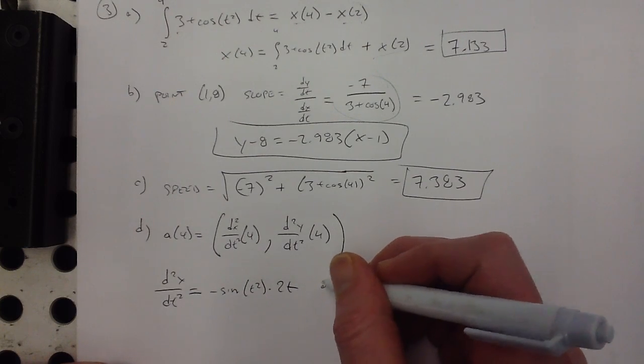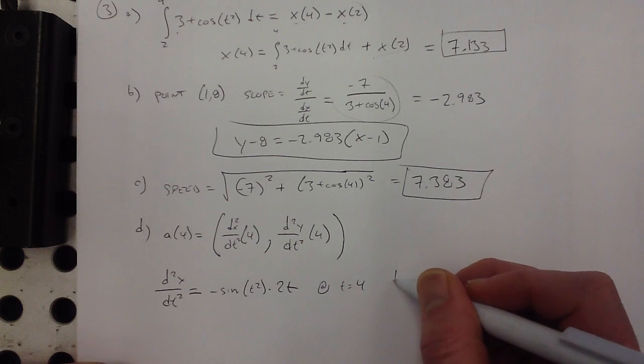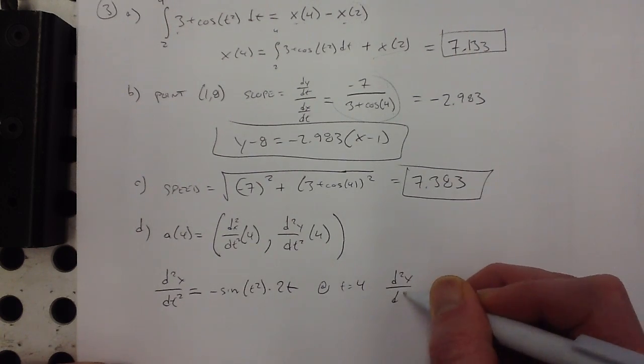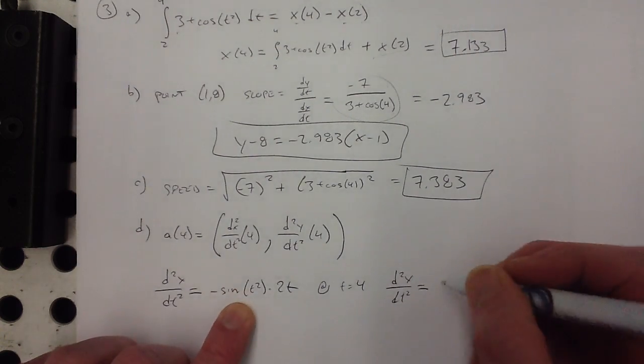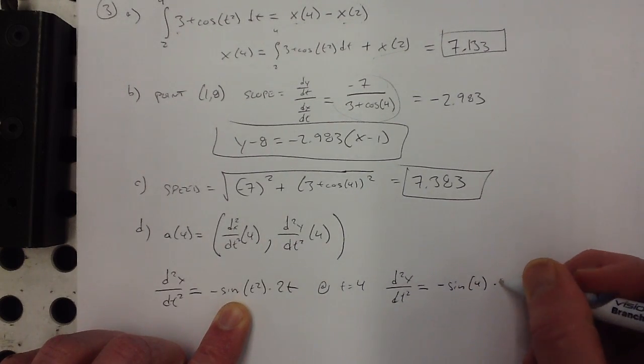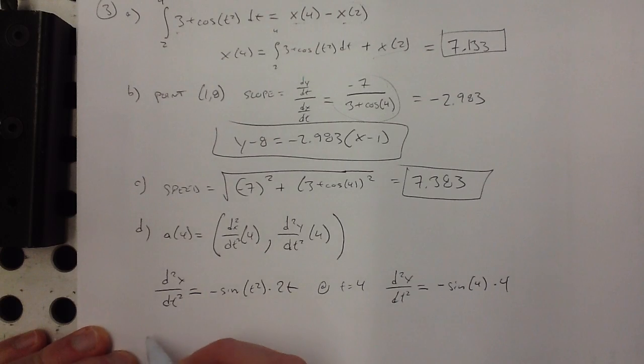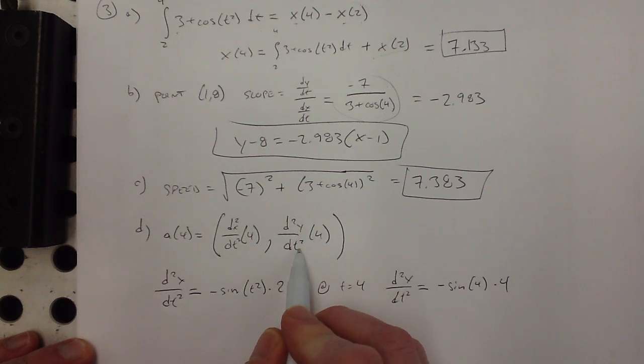So that at t equals 4, the second derivative is equal to, I'll just write it down like this now, we'll evaluate it in a minute. So it would be that, right?